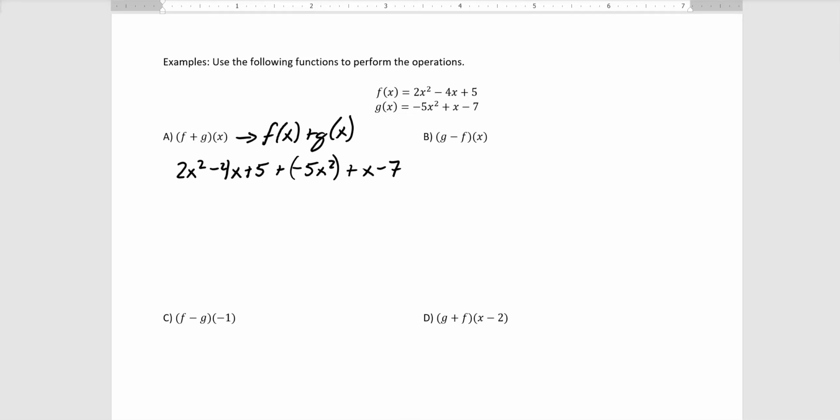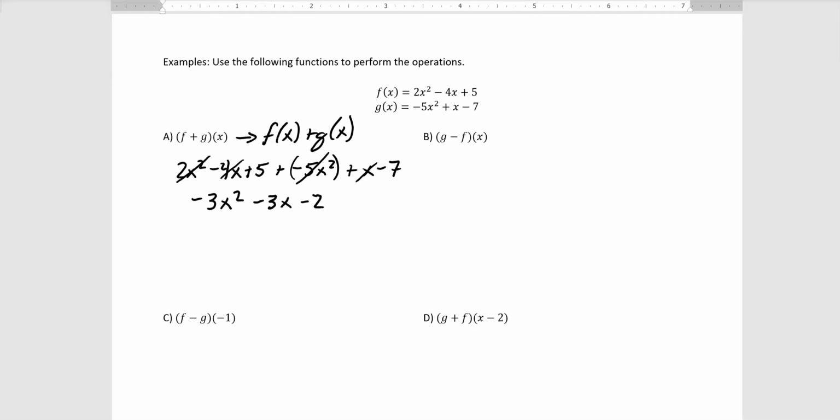So I have 2x squared plus negative 5x squared. That'll become negative 3x squared. I have negative 4x plus x. That'll become negative 3x. And then I have 5 minus 7. So 5 minus 7 will become negative 2. Now notice how when I did that, I crossed them off.